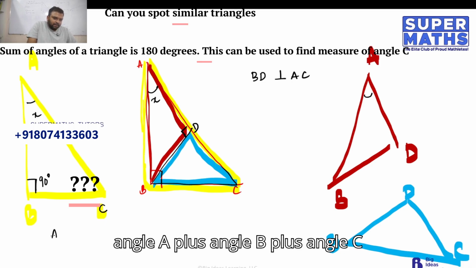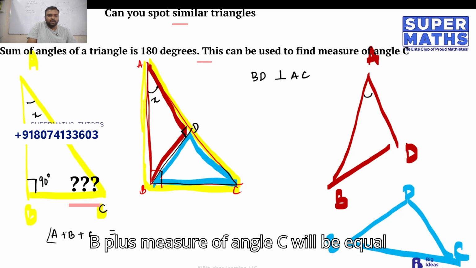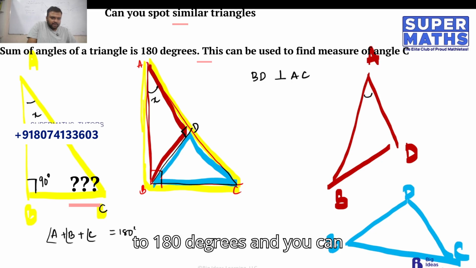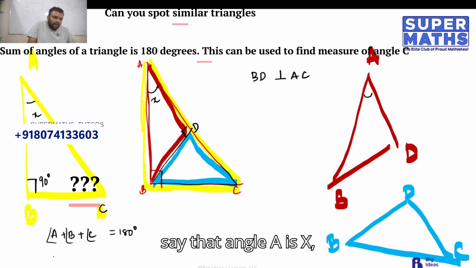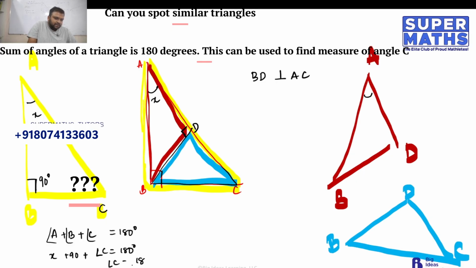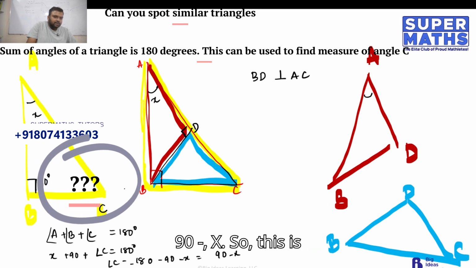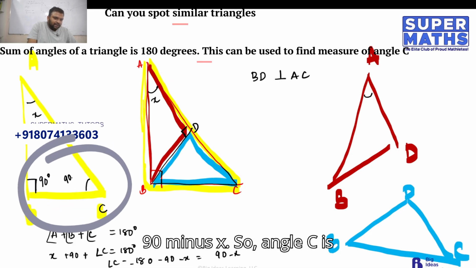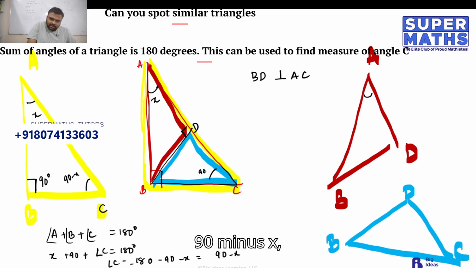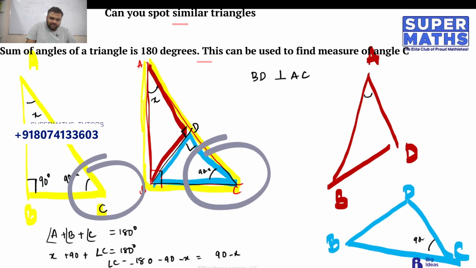So the measure of angle A plus the measure of angle B plus the measure of angle C will be equal to 180 degrees, and you can say that angle A is X, angle B is 90, angle C is unknown. So angle C would be 180 minus 90 minus X, that is equal to 90 minus X. So angle C is 90 minus X.